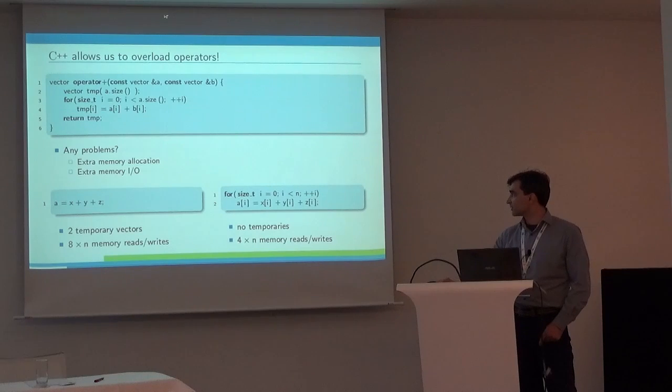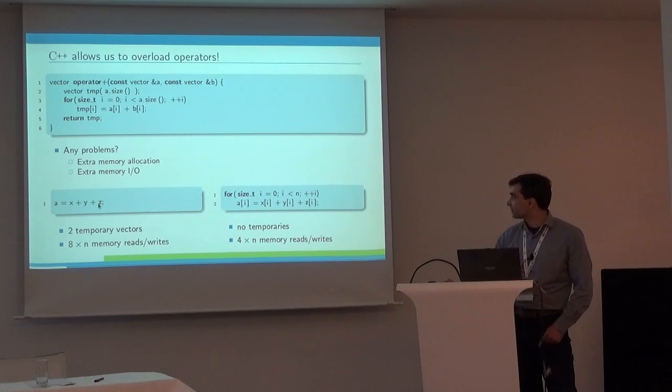The problem is we have an extra memory allocation, which is not really that big a problem because it's constant and it will be hidden if you have really large vectors. But also we have extra memory I/O because, for example, in this expression we have two temporary vectors, because we have two sum operations, and for each of them we have to create a temporary vector.